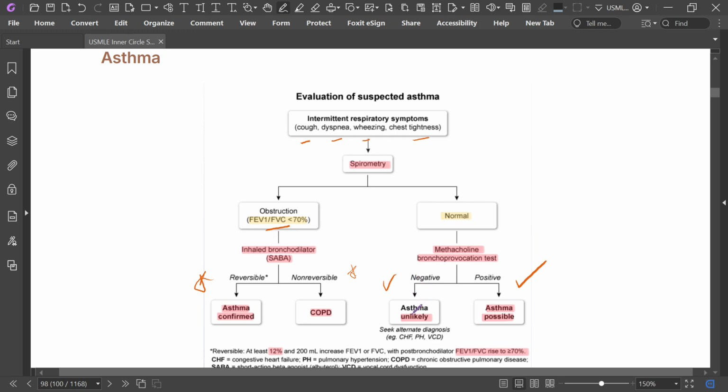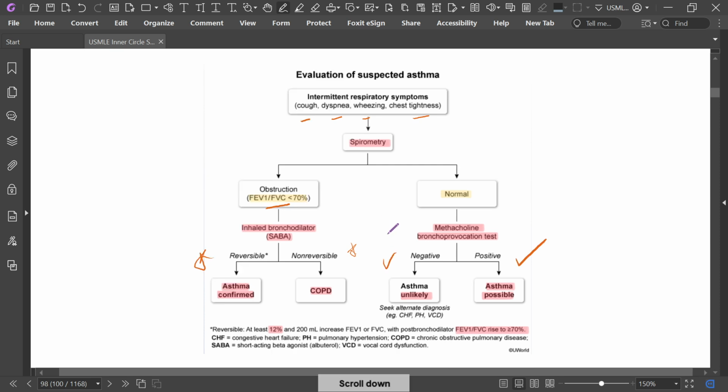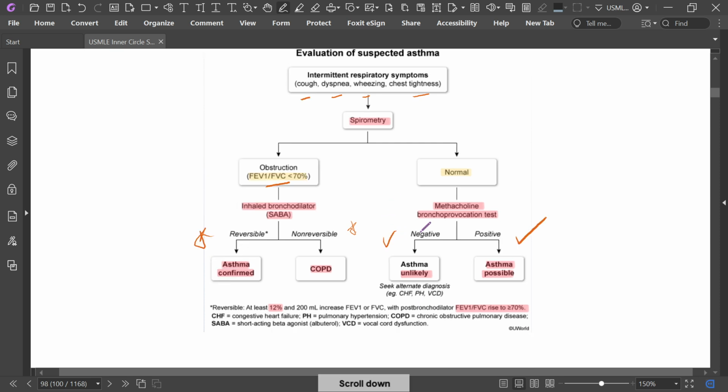Seek alternate diagnoses like congestive heart failure, pulmonary hypertension, and VCD, vocal cord dysfunction.